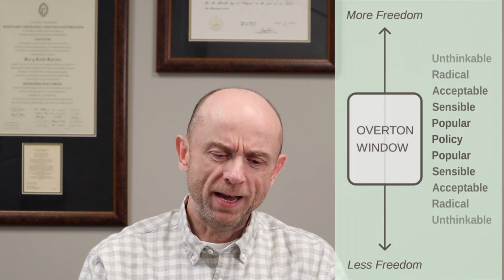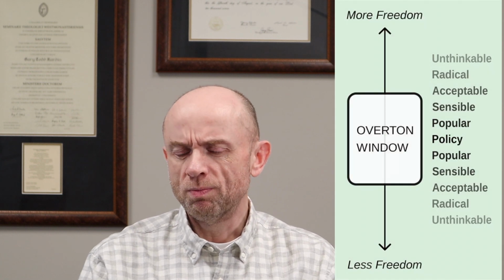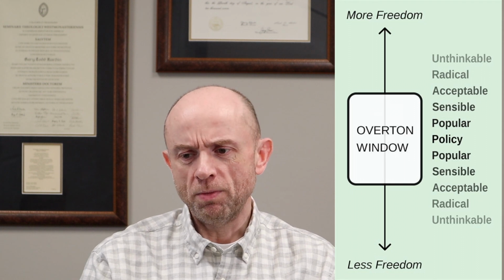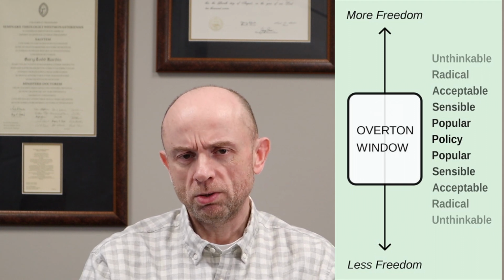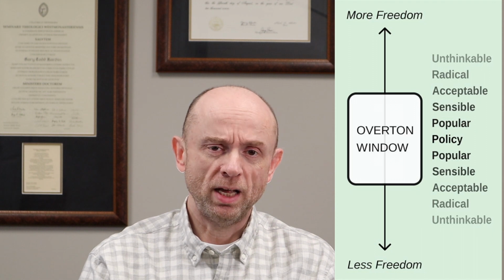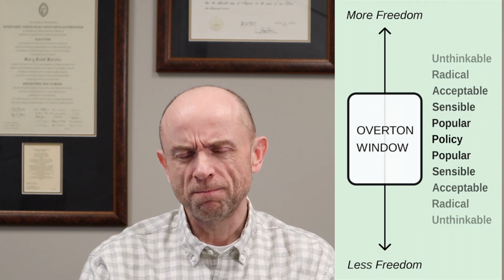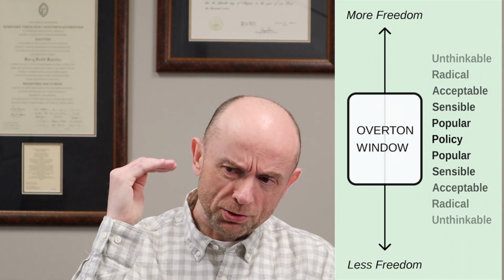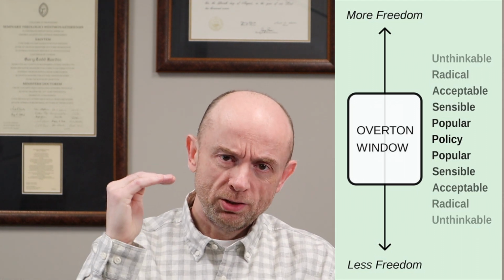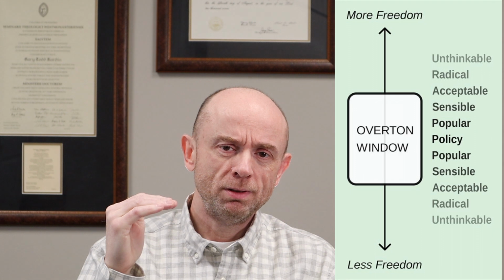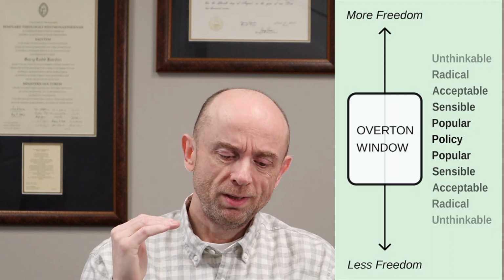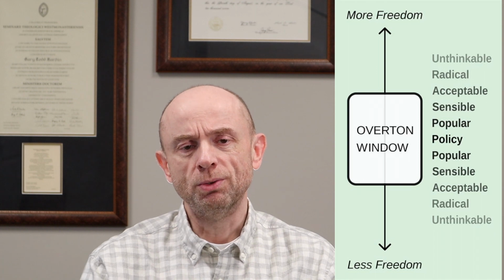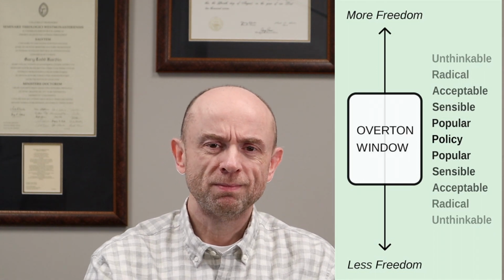There's a pathway that ideas follow from being what we call unthinkable to being sometimes encapsulated in law, or at least public policy. And they go from being unthinkable to radical, to acceptable, to sensible, to popular, and then finally down into policy.